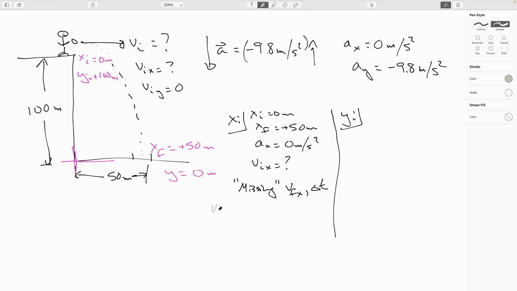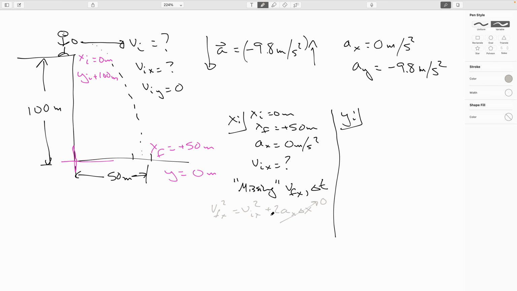Because we can say, well, if we're missing delta t, we can say v final x squared equals v initial x squared plus 2a sub x delta x. And you realize that a sub x is 0, and we're just back to what we had before, that v final x equals v initial x, which we knew, but it doesn't get us anywhere.